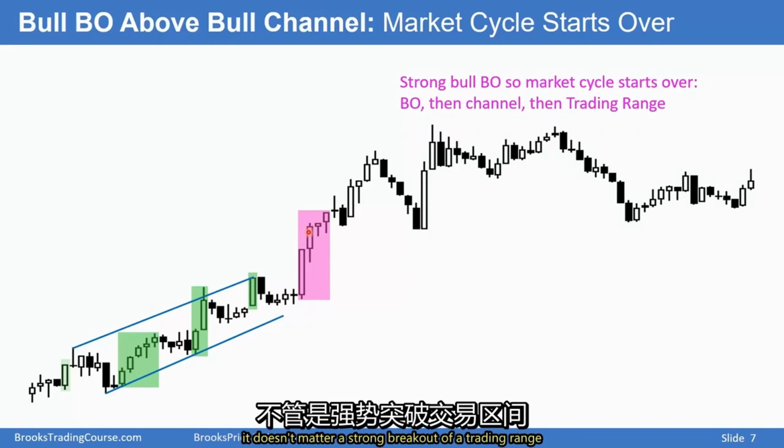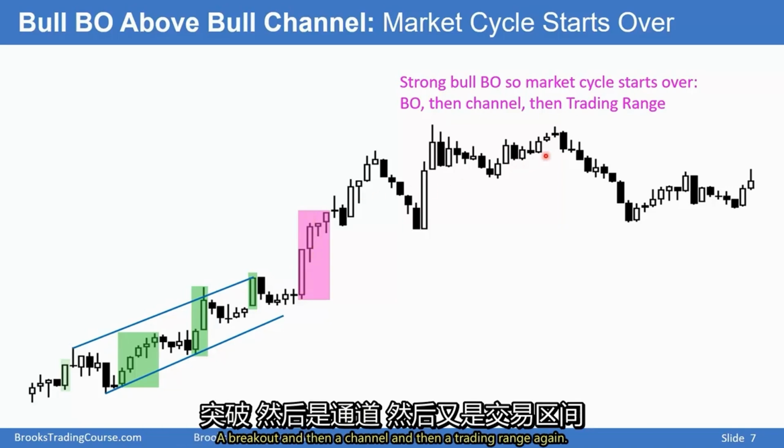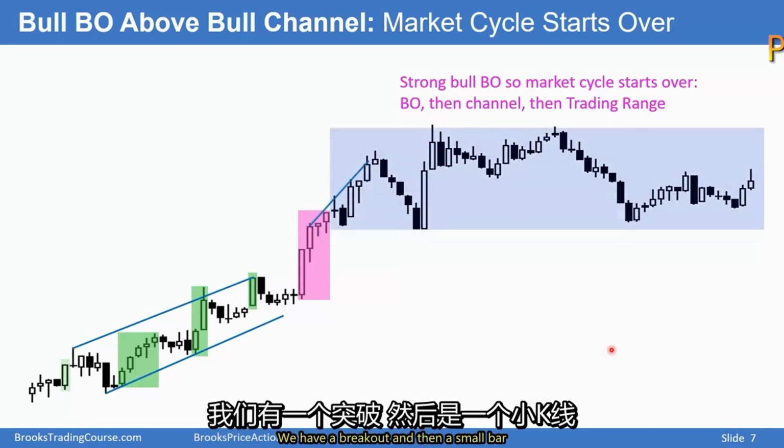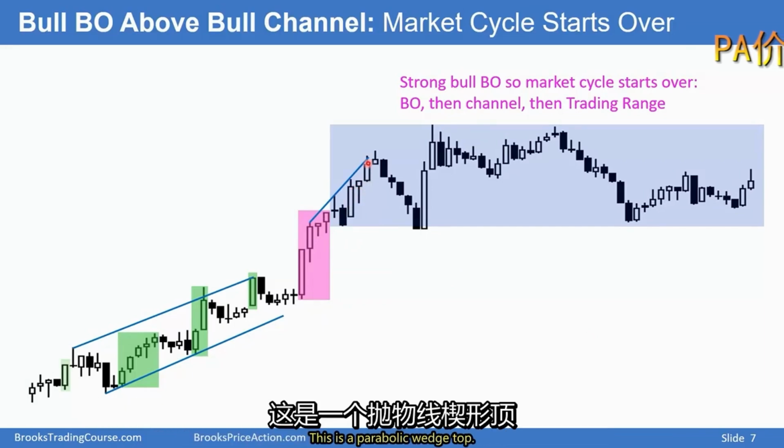Whenever you have a strong breakout, a strong breakout of a trading range or a strong breakout above a bull channel, the market cycle begins over again. A breakout and then a channel and then a trading range again. We have a breakout and then a small bar and then another breakout and then a small bar and then another breakout.